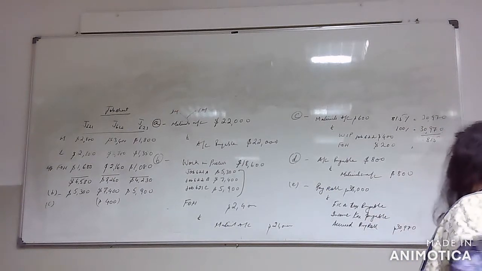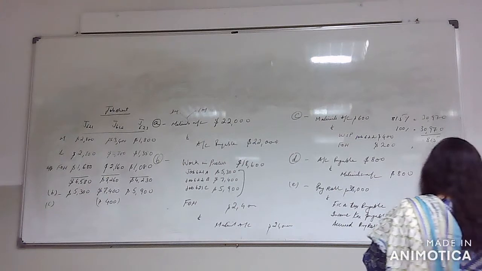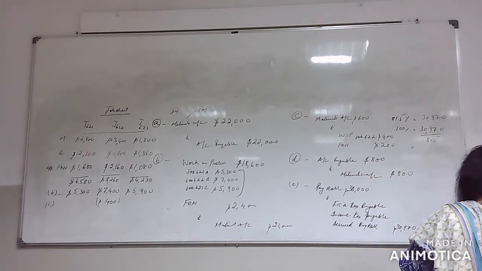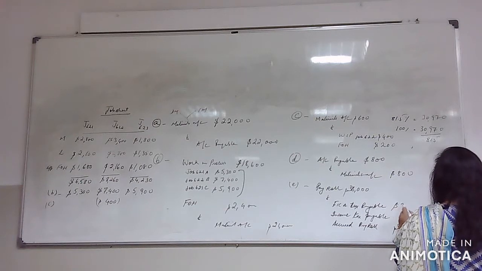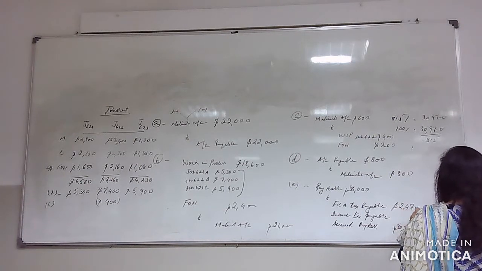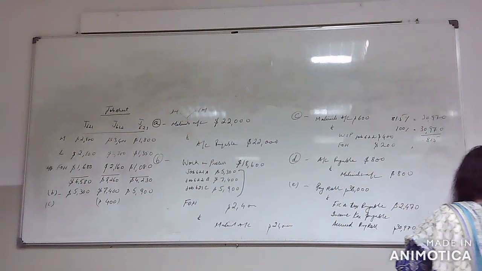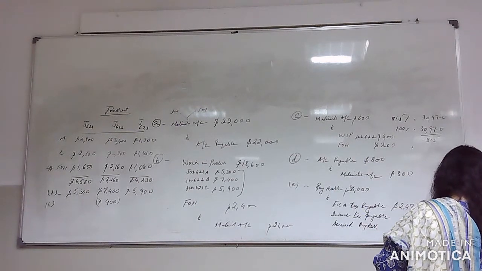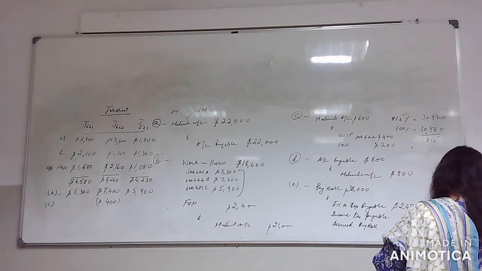So for $38,000, then you can have the FICA into 0.065, 2470, and the income tax. Sorry, it's 12% remaining.